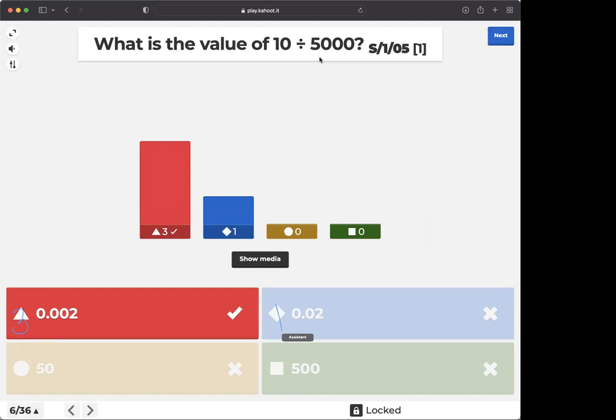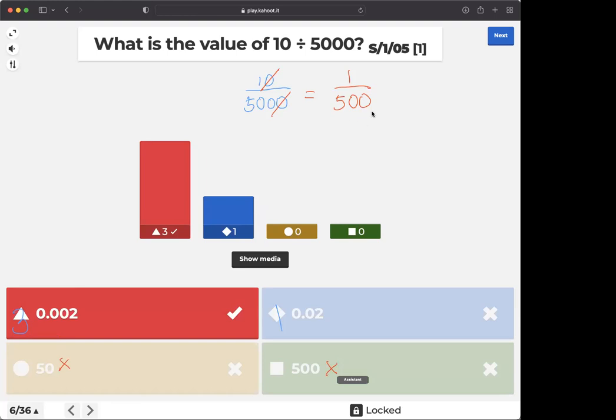So from here, can you see, we can start off with 10 divided by 5,000. First step that you all can do is to simplify. I can cancel off the 0, and I'm left with 1 over 500. This is a very small number. You can eliminate yellow and green already.